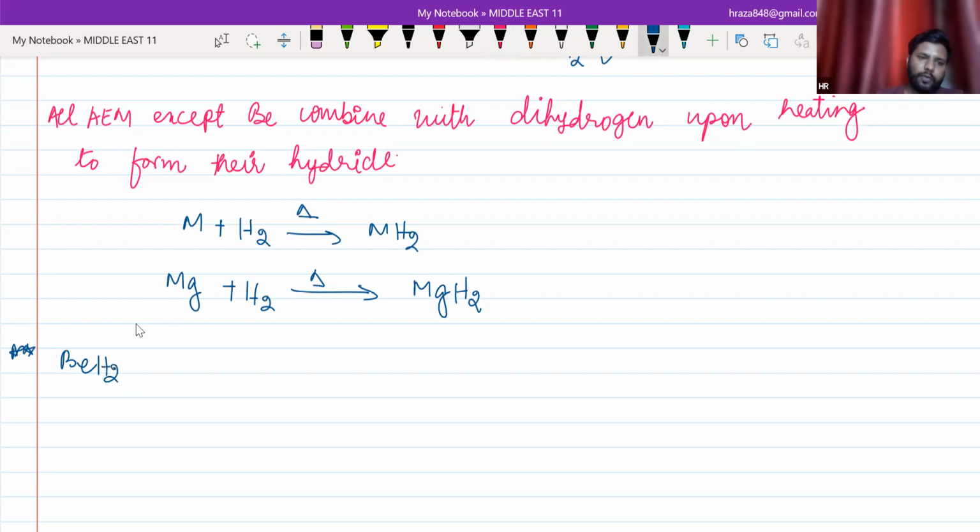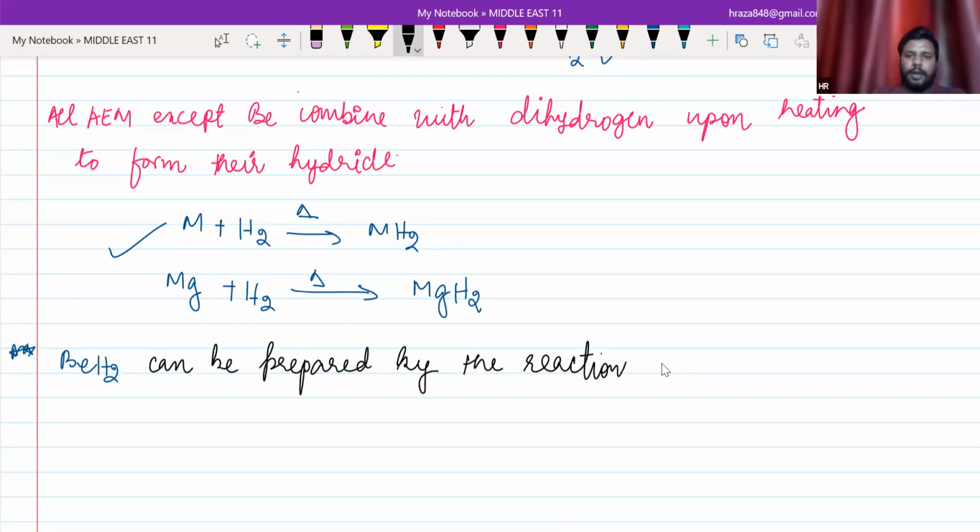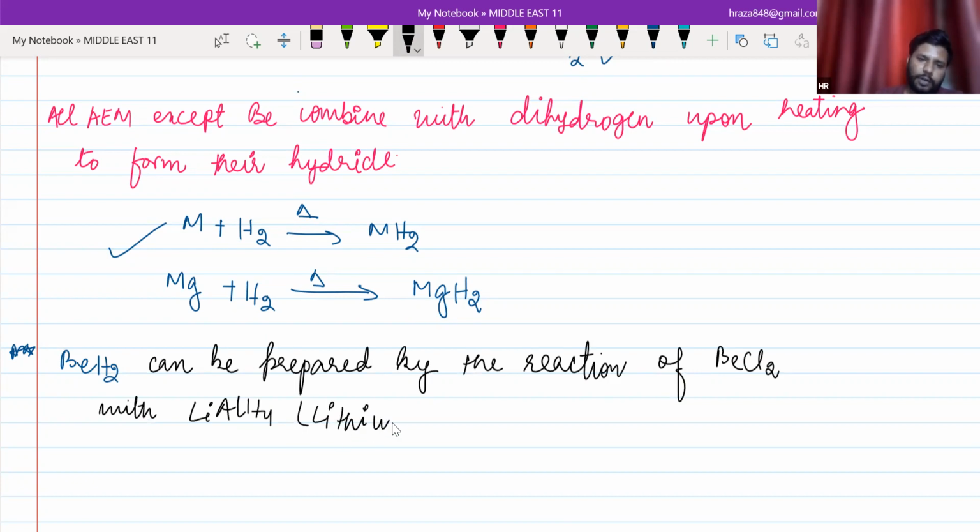BeH2 cannot be prepared with this method, so we prepare BeH2 in a special way. BeH2 can be prepared by the reaction of BeCl2 with lithium aluminum hydride, LiAlH4.